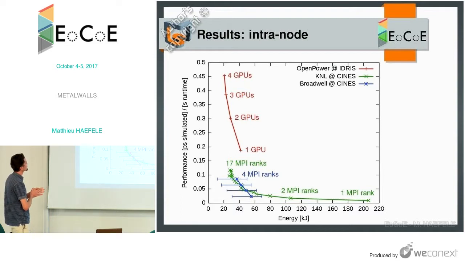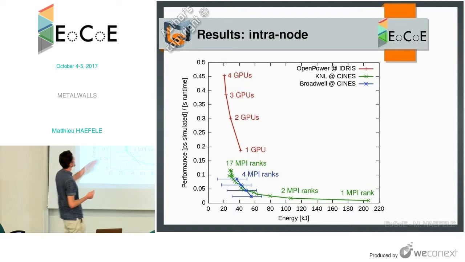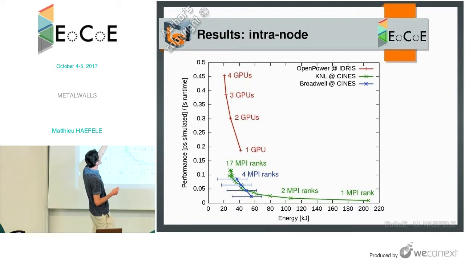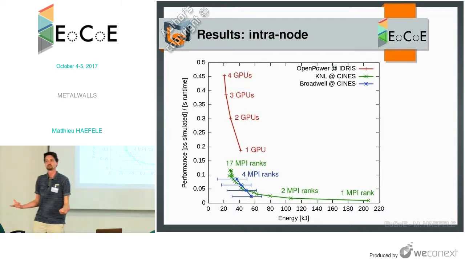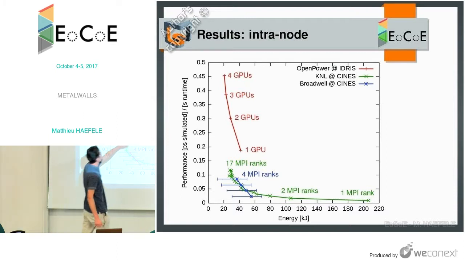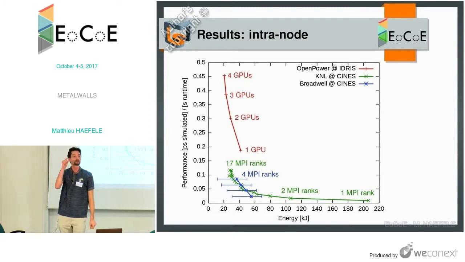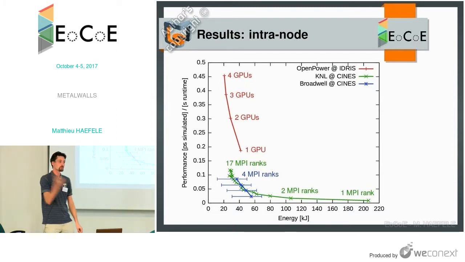For example, if we take the GPU curve, with 1 GPU you have to pay for the system of the whole node in terms of energy. You have all the memory bus, everything is fired up, even if you use only a single GPU. It means that you will use a lot of energy. If you use two GPUs, you will use a little bit more energy, but you will cut your restitution time in half.